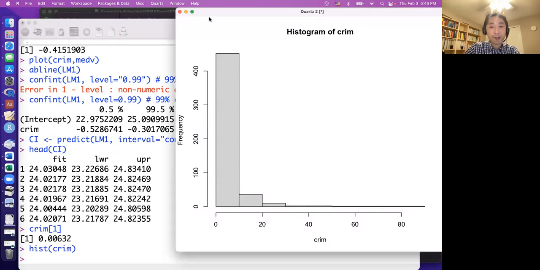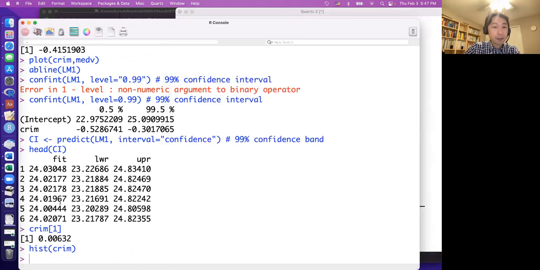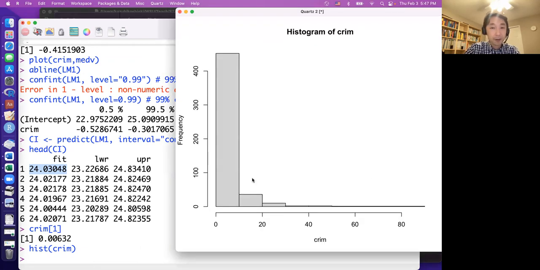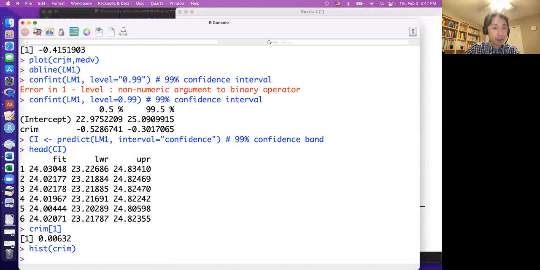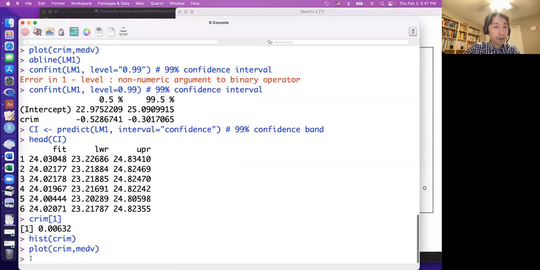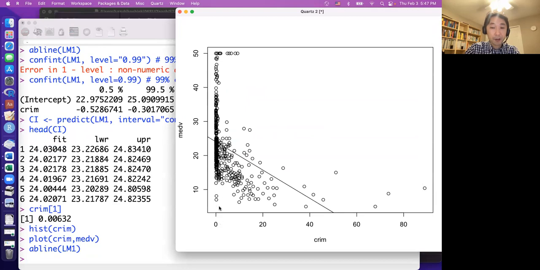Maybe see the histogram. Actually, the crime rate is not reported as a ratio, but as a percentage. So 0.00632 is very low. With this crime rate, the median house value is between 24 and 24.83. We plot the line again. So this is almost 0, right?